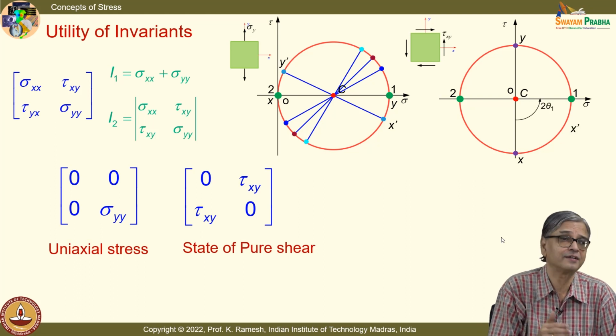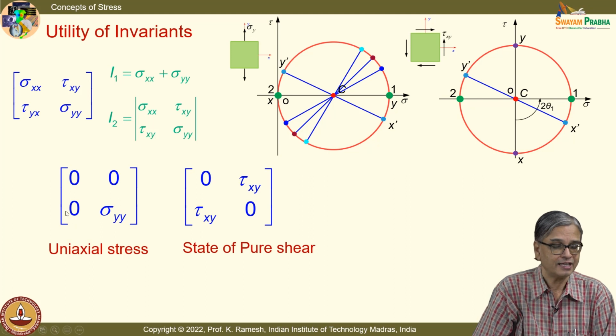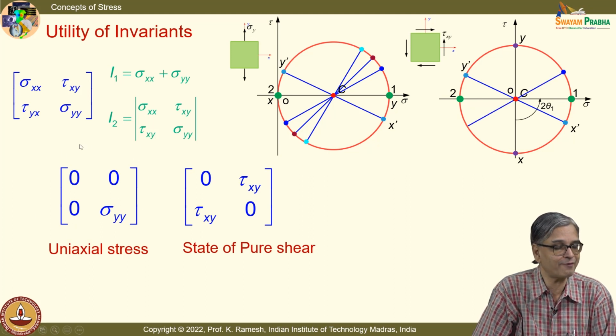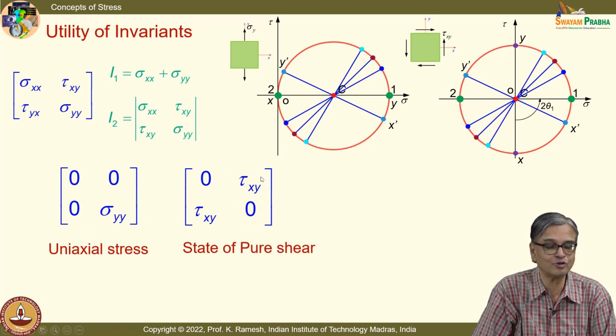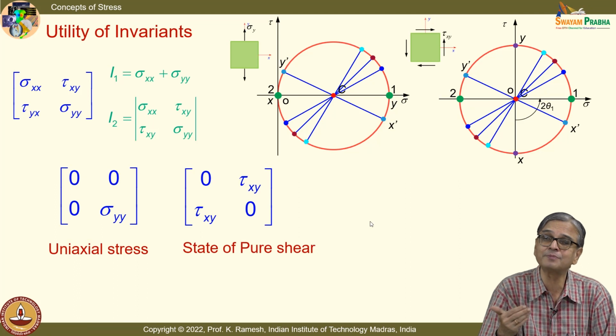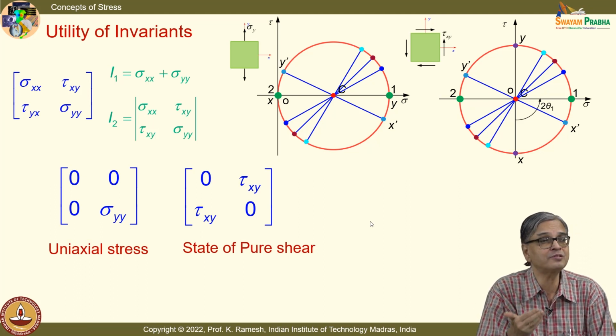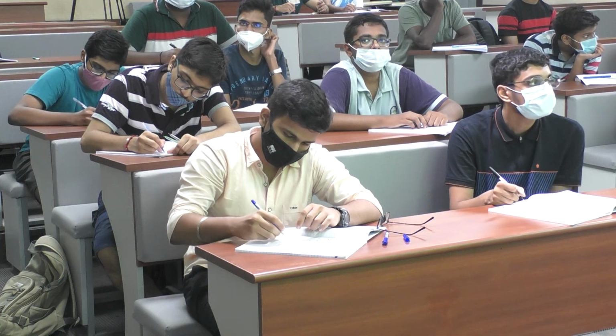And again, when I have a pure shear stress state, when I represent the matrix, in one reference frame I have beautiful zeros and the non-zero number. But when I go to the Mohr circle, I have infinite possibilities in which I can represent the same stress state. Is the idea clear?